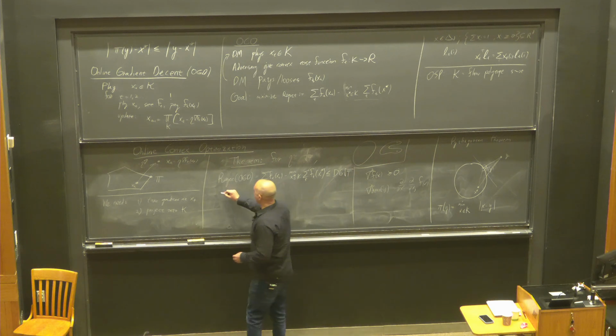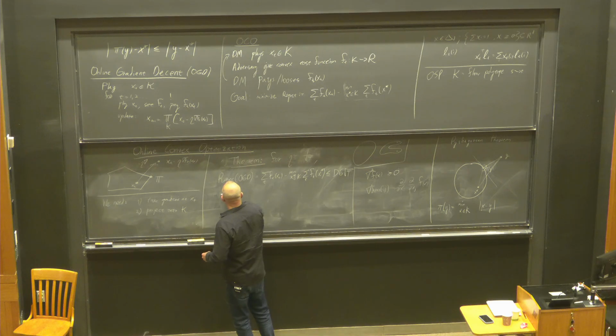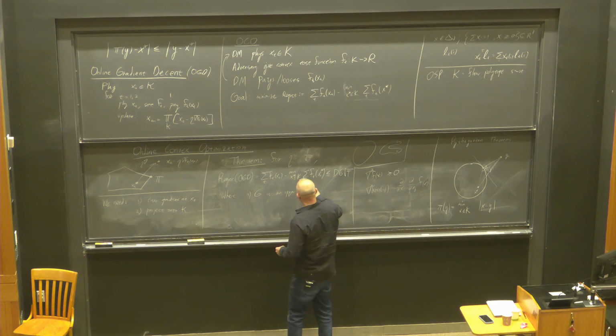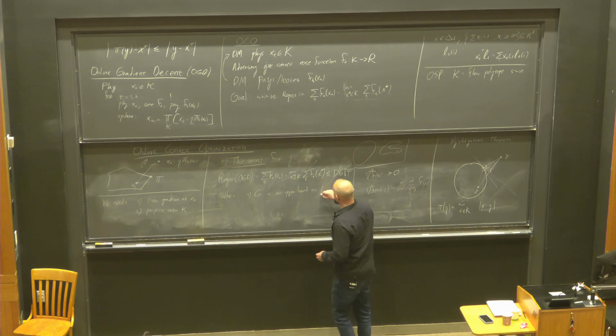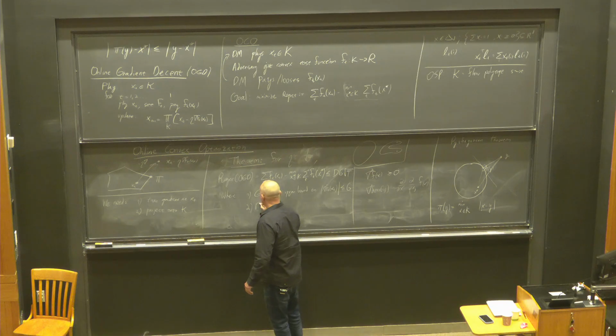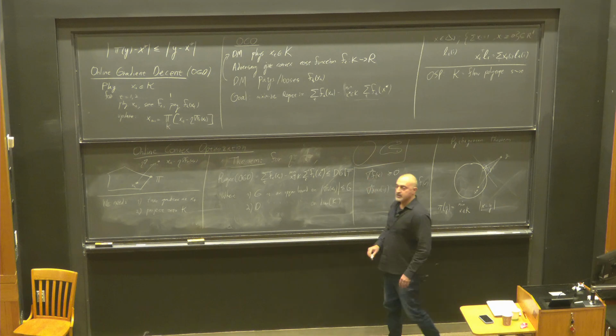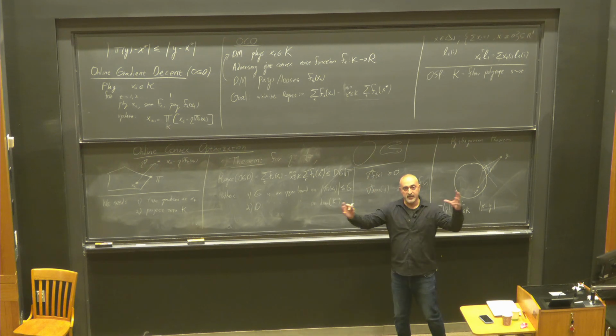Well, G is an upper bound on the gradients, so all the gradients of the functions at xt are bounded by G, and D is an upper bound on the diameter of K. Diameter of K is how wide that set is.